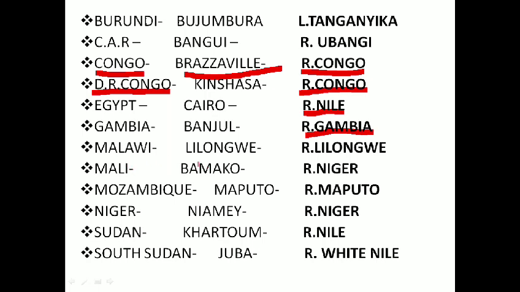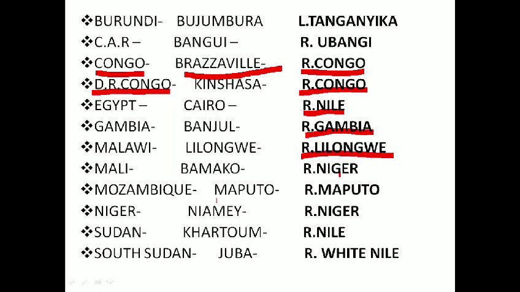Malawi, capital Lilongwe, and the river name is also Lilongwe. So the capital city is located on a river having the same or similar name. Mali, capital is Bamako, and it is located on river Niger.